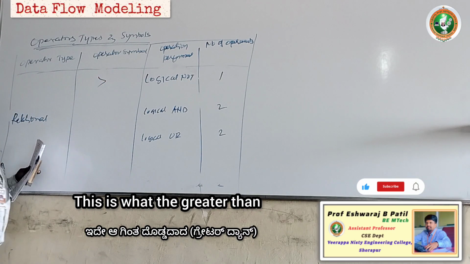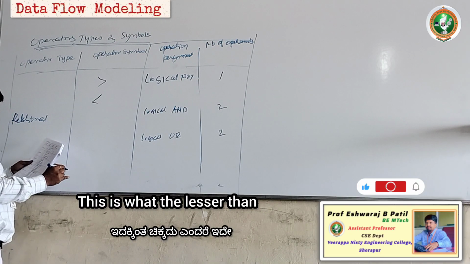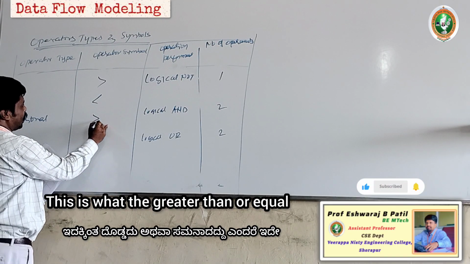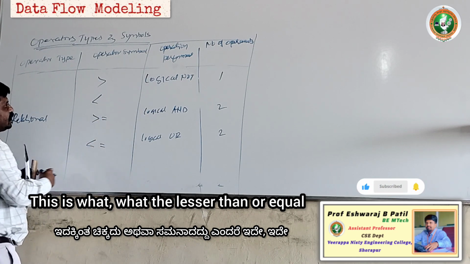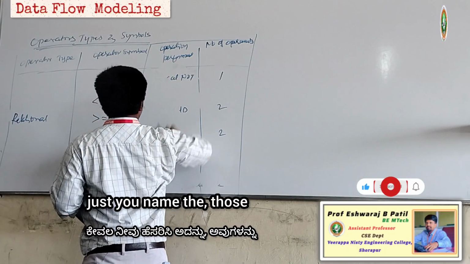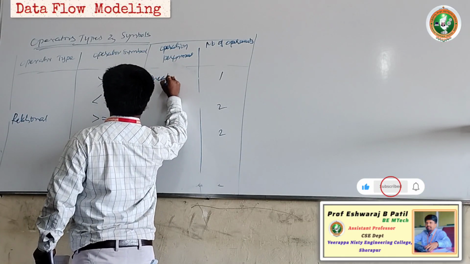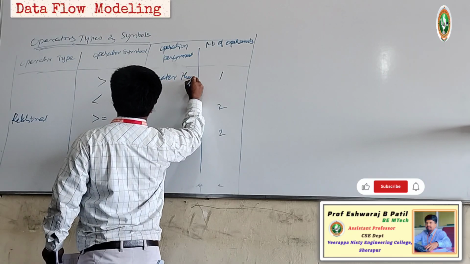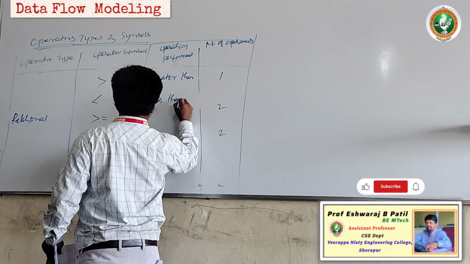This is greater than. This is less than. This is greater than or equal. This is less than or equal. We have to mention the names here. Write greater than, and this is less than.